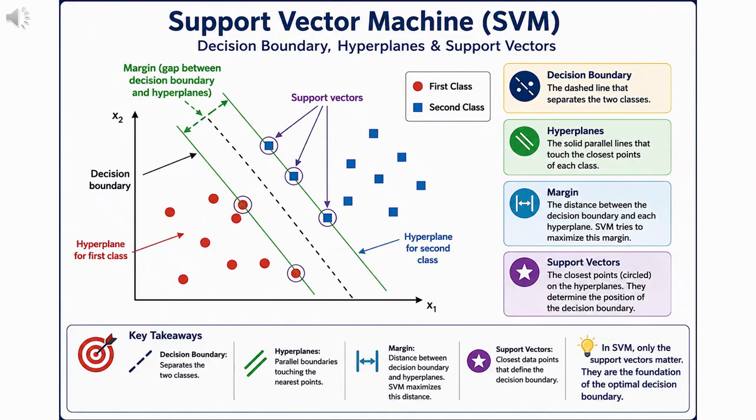Interestingly, all the other points have little or no influence on the boundary. In simple terms, SVM ignores the easy-to-classify points and focuses only on the most challenging ones, the support vectors, to build the best possible classifier. Remember, in support vector machines, only the support vectors matter. They are the foundation of the optimal decision boundary.